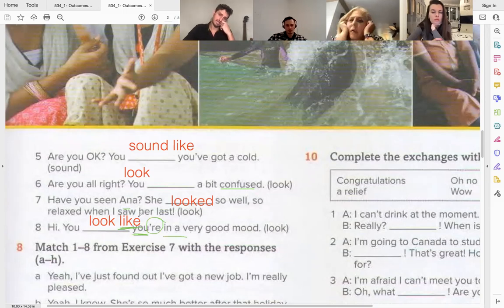So it has to be "like", but since it's not a situation, it is only "like". This is two different sentences. You need to put "like", only the consequence, only the verb in the base form. Exactly. You look like you're in a good mood.